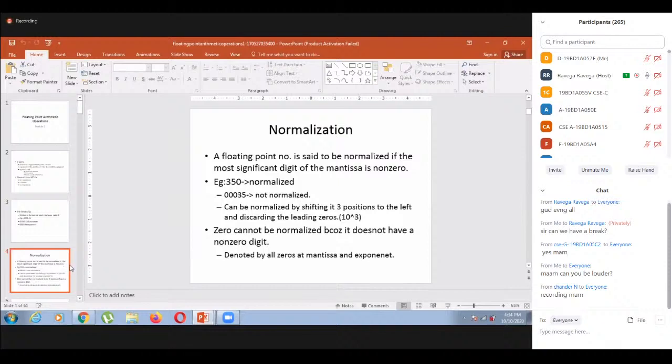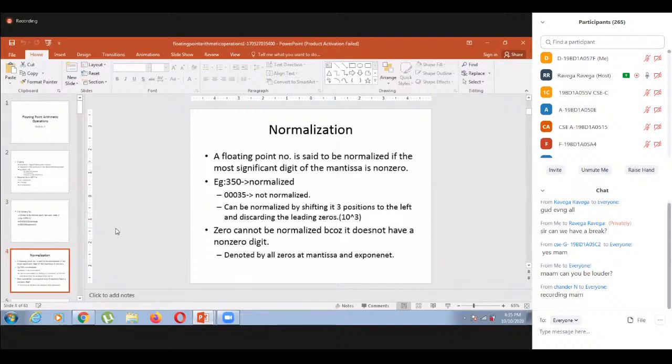Next one is normalization. What is meant by normalization? Normalization means representing the floating point number in fraction format, that is, integer format.